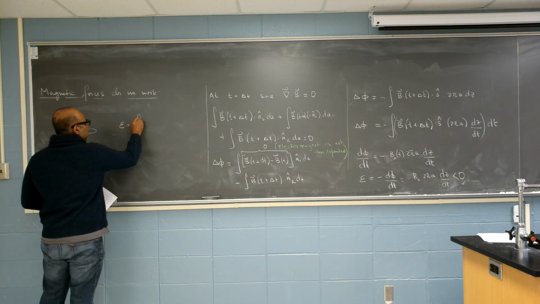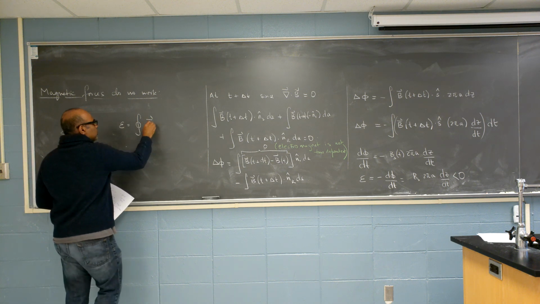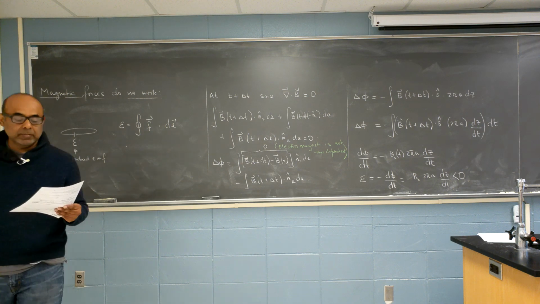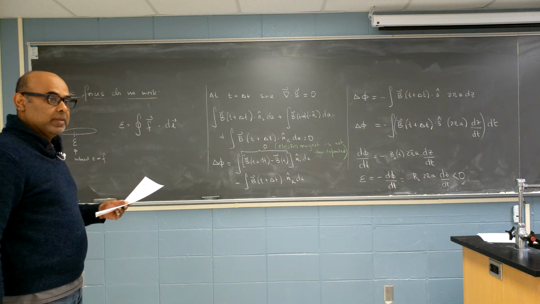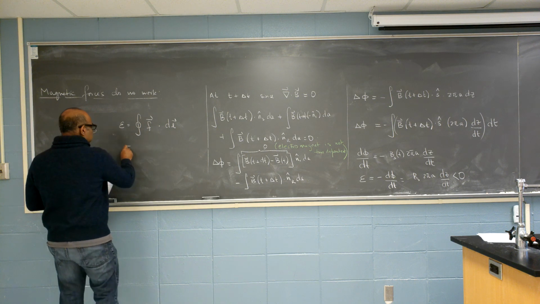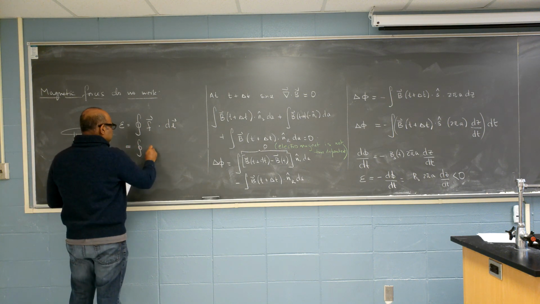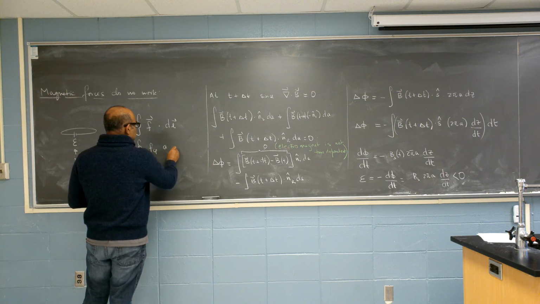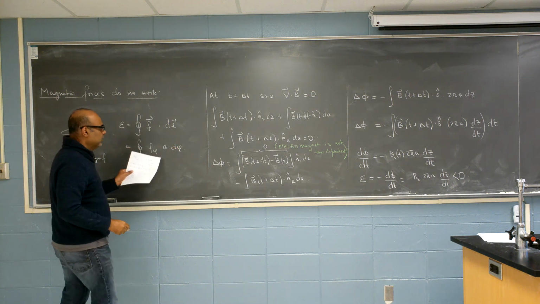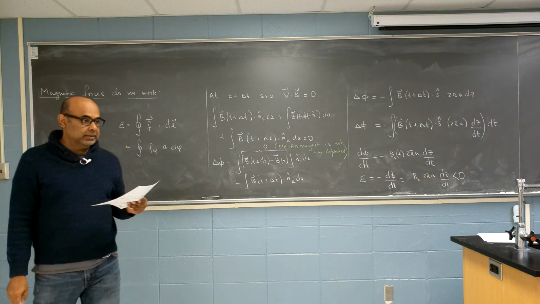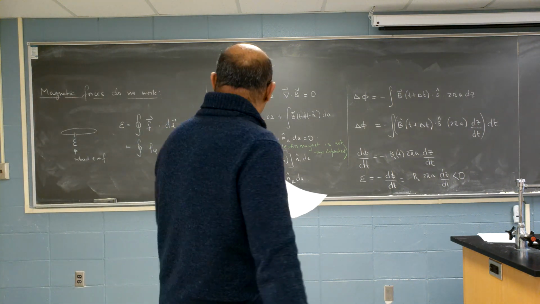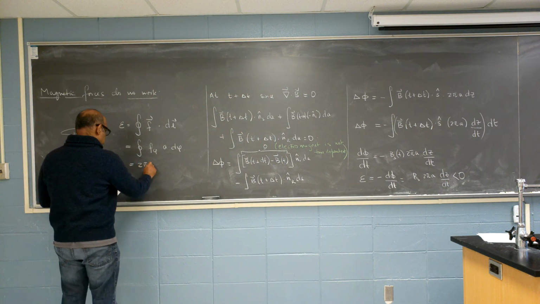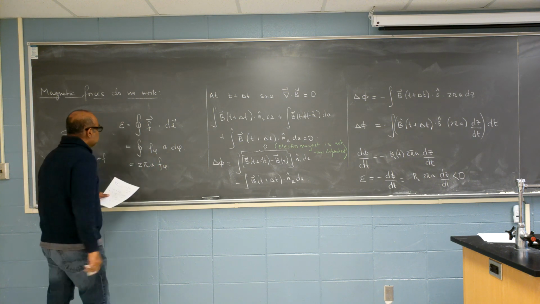EMF is equal to force per unit charge dot dl. dl is in the phi direction, so f of l, again a times d phi. It's a scalar. I don't have any more things. So this is nothing but 2 pi a f of phi.